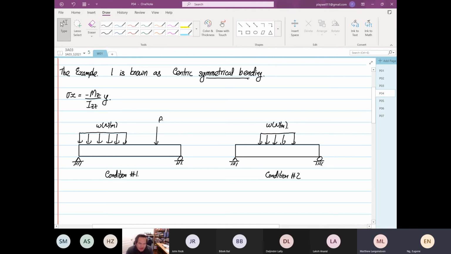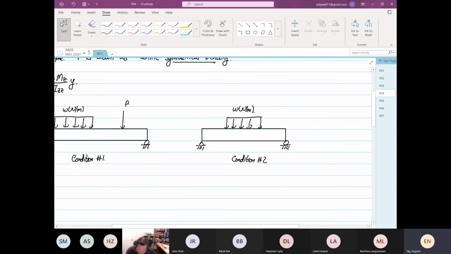Whether it is symmetrical or unsymmetrical, both are centric. Symmetrical or unsymmetrical has nothing to do with how the structure is loaded in terms of geometry.